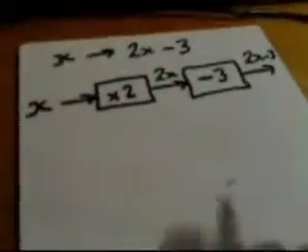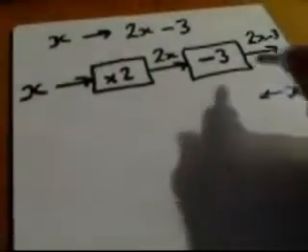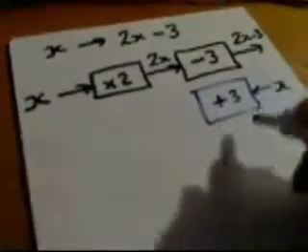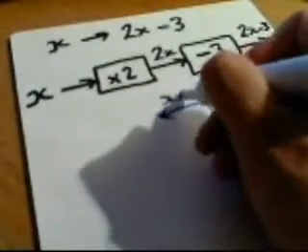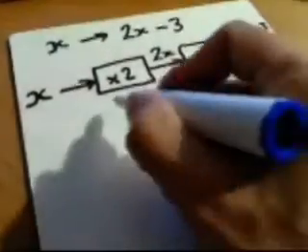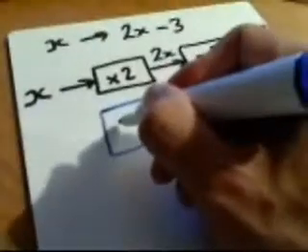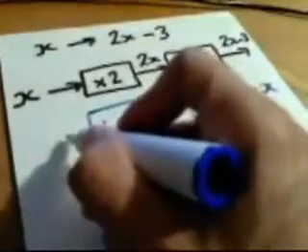So we've mapped out the original function, and now all we do is start from the right hand side with our x. We're going to work our way back, and the inverse of take away 3 is to add 3. So if x goes into the box, coming out of that box would be x plus 3. And then going into the second box, the inverse of multiplied by 2 is divide by 2, which means the whole of x plus 3 is then divided by 2.